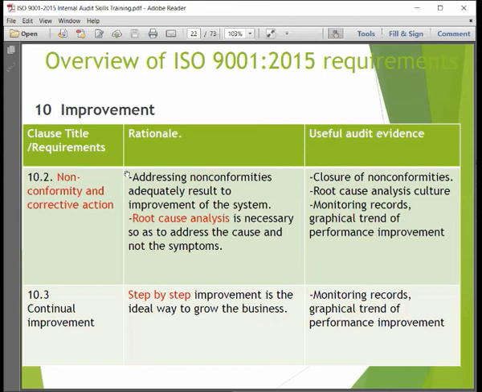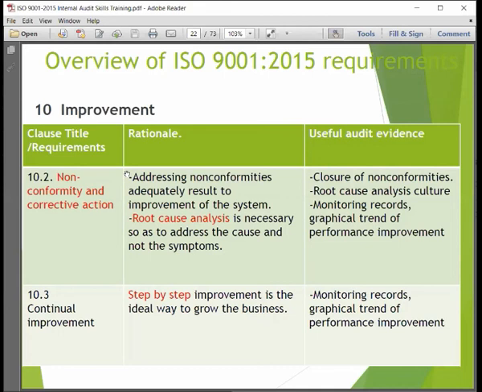It's necessary to address the cause and not the symptoms. So there is the issue of addressing non-conformity adequately. And for you to do that, you need to dig deeper and see what caused this non-conformity. Then you put in good preventive measures.